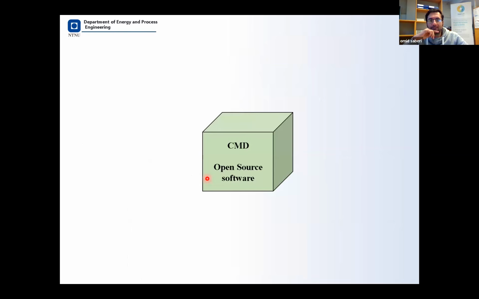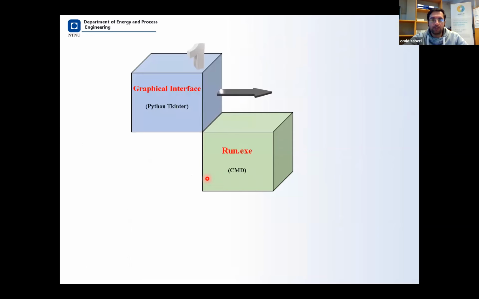The last part of this software is CMD. CMD acts as a glue in this software. It means that by running CMD, all the previous software runs in order. First, CMD runs the graphical interface and gets the data from the interface.